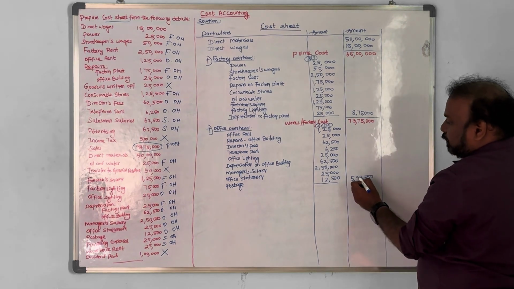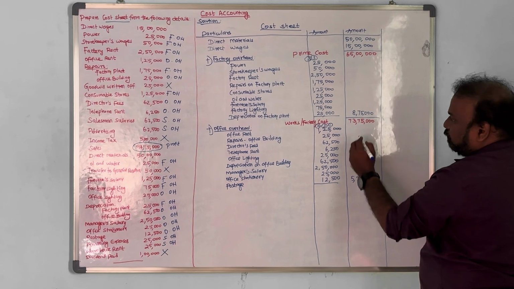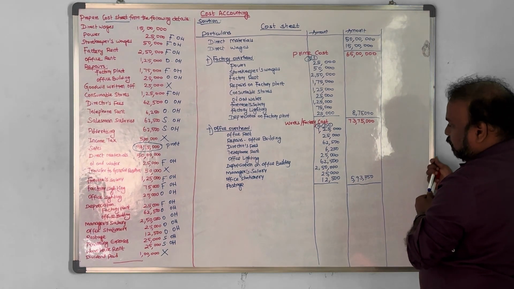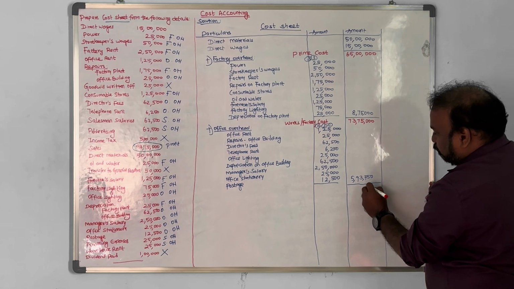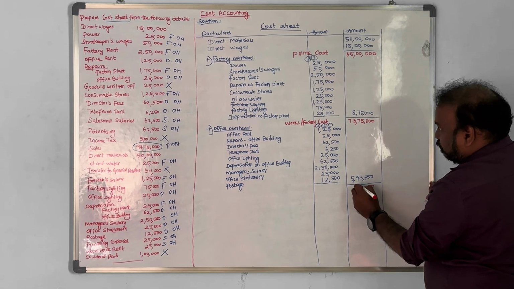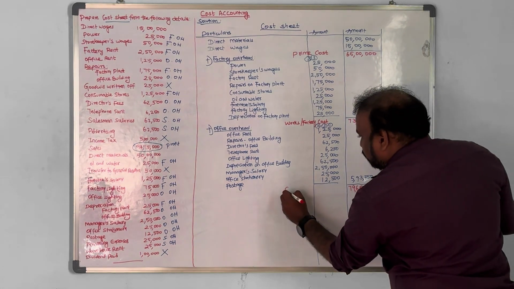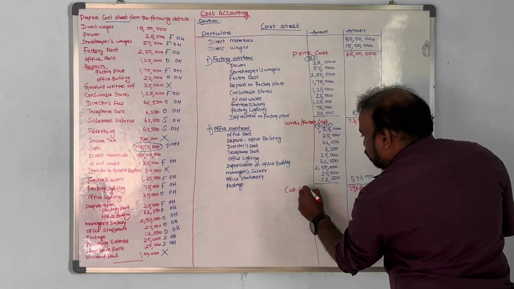When you add 5,93,750 to 73,75,000, you will get the cost of production, 79,68,750. This is the cost of production.